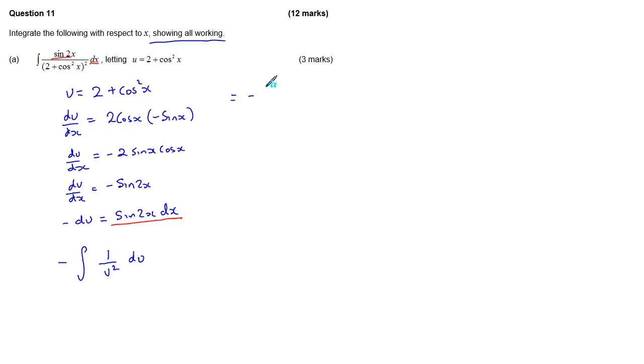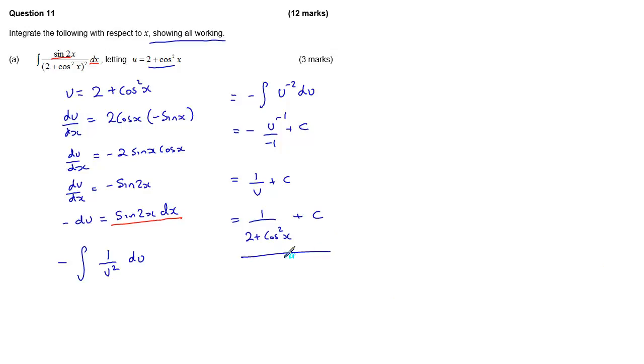So that's minus the integral of u to the negative 2 du, which is minus u to the negative 1 over negative 1 plus a constant. So that's just 1 over u plus a constant, and u was this, so that's 1 over 2 plus cos squared x plus a constant.